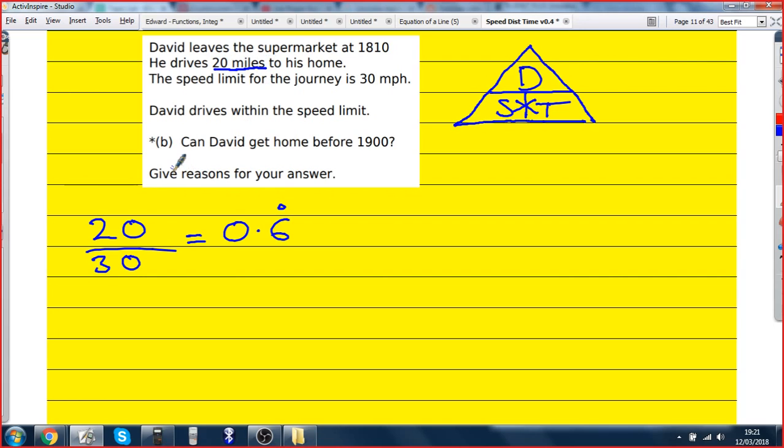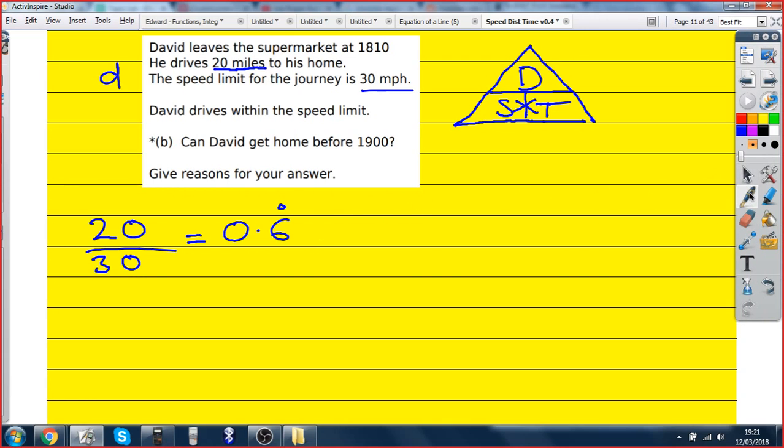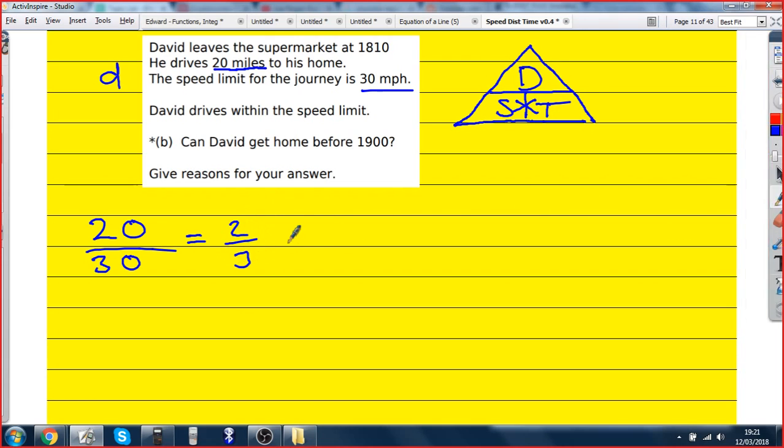What is that? Distance. Yeah, so that's the distance. And 30 miles per hour? Oh, no, sorry, yeah, distance. That's fine, yeah. Sorry, so that's 0.6 recurring. And that's the time. So what's the unit for the time? Per hour. Yeah, so that's 2/3 of an hour.